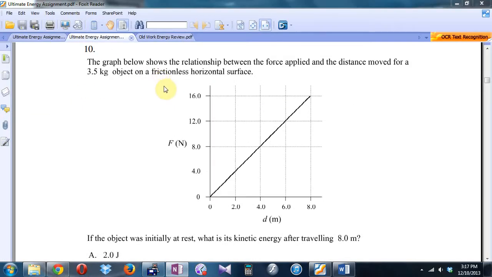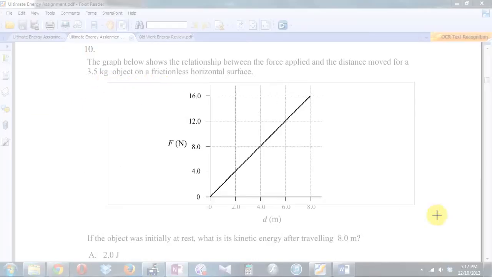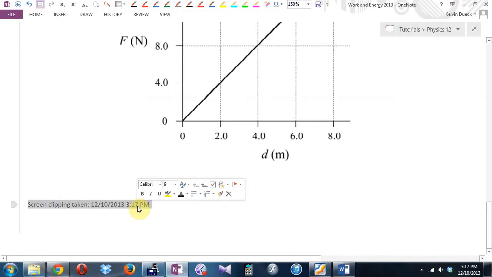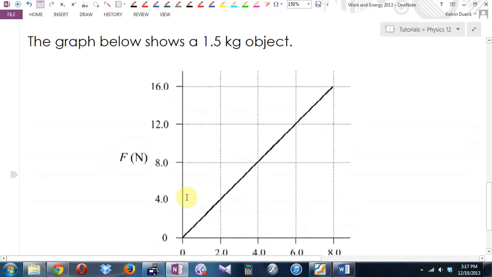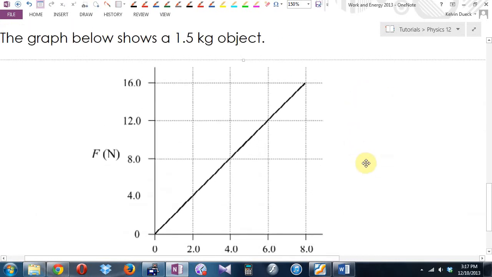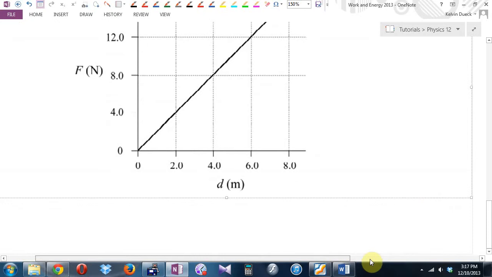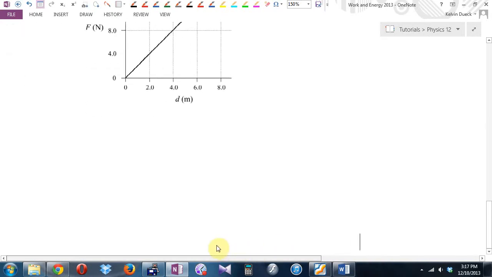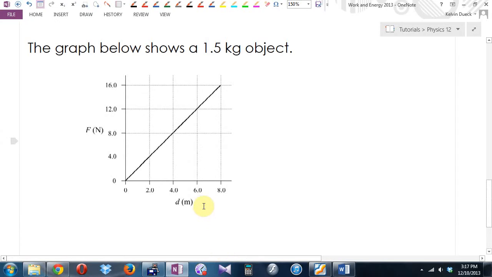Copy the graph. Okay. A little big, Mr. Dueck. You guys can see the numbers, I think.